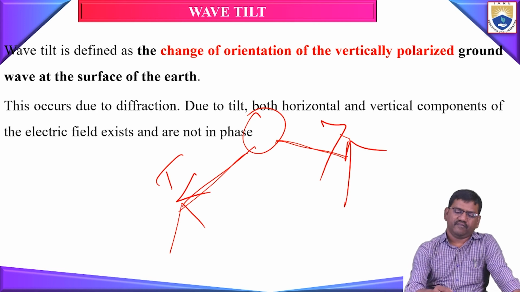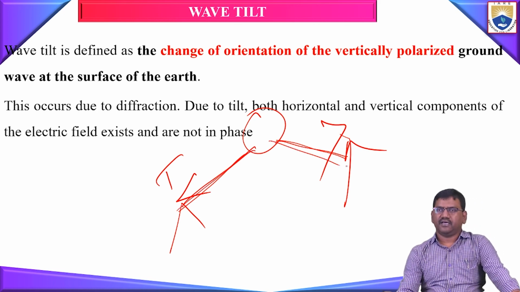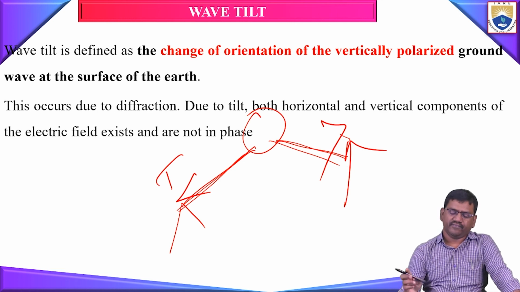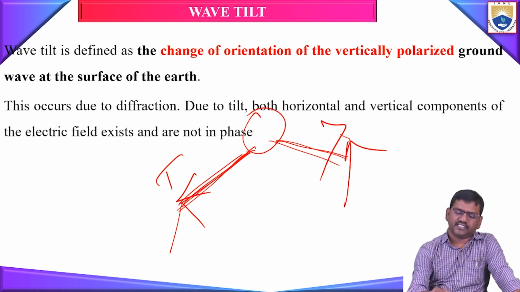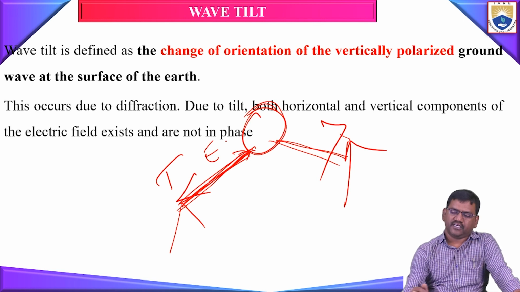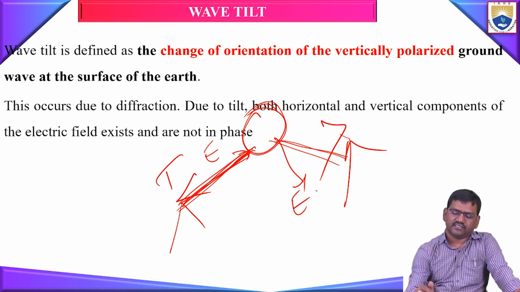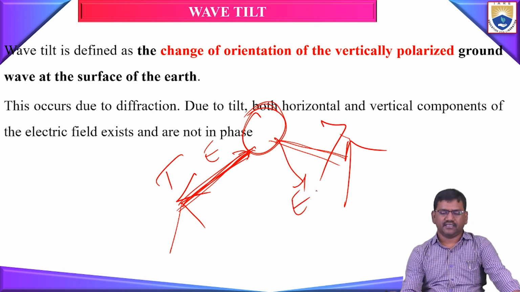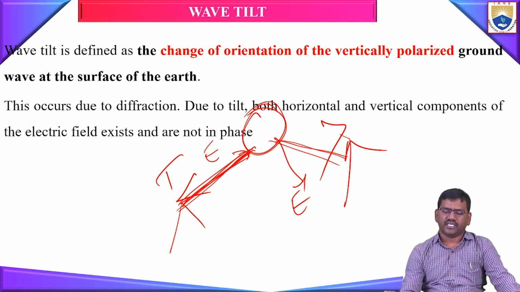That means a vertically polarized wave may become a horizontal wave. The electric field vector direction changes when it strikes the obstacle. Suppose the electric field is in this direction; after striking the obstacle, the electric field direction changes. This change of orientation of the vertically polarized ground wave at the surface of the earth, we call the wave tilt.